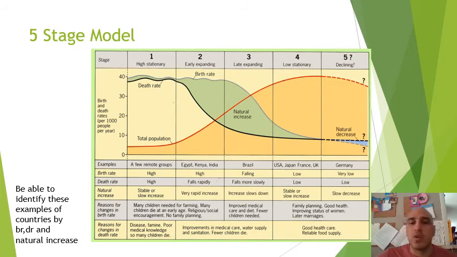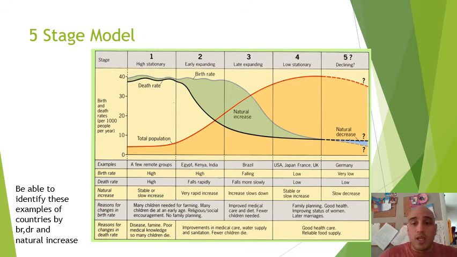And so I need you to know certain countries that you would be able to name if I was to say, let's say if your birth rate was low and your death rate was low, that would be United States. And so your natural increase would be stable or slow increase. Now the big difference between Germany and the United States is that your birth rate would be very low.